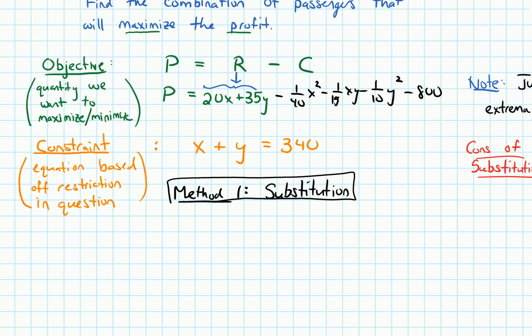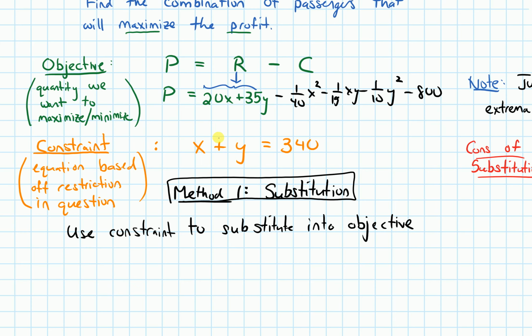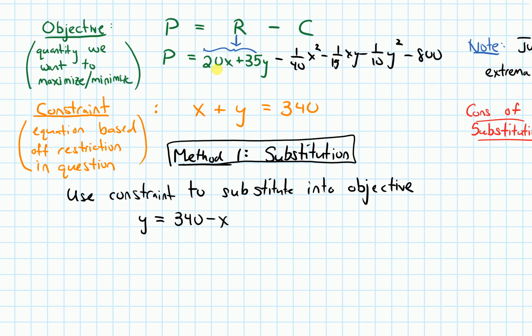So what we can do is we can use the constraint to substitute into the objective. Okay, so if I isolate one of the variables in my constraint, and it looks like they're both pretty easy to isolate, so maybe I'll isolate y, and I get y equals 340 minus x, I can now plug that into the objective, and that'll get rid of one of the variables in the objective.